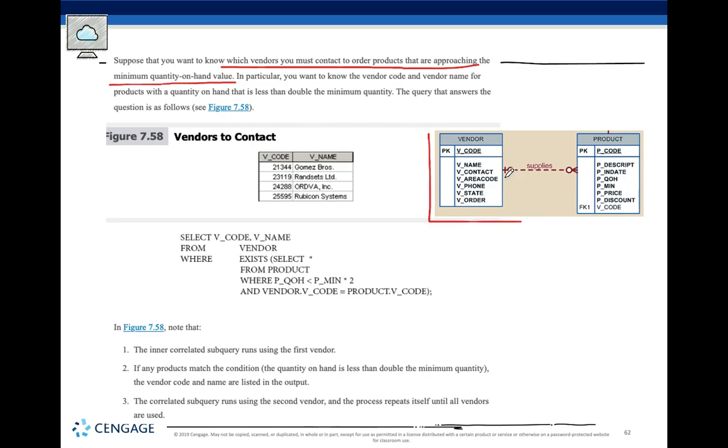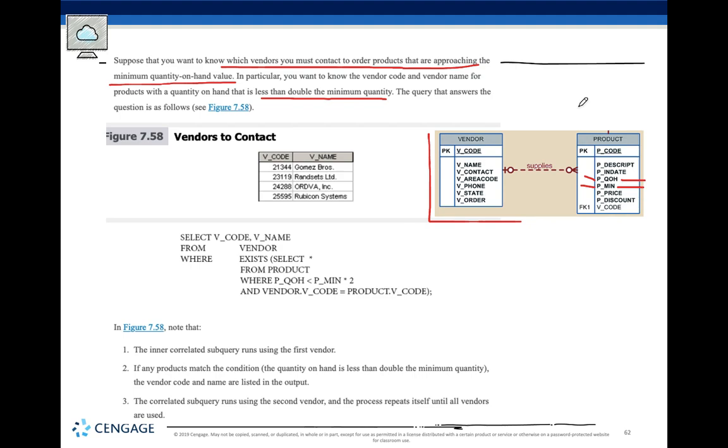We know that a vendor can supply many products. Each product has a quantity on hand attribute and also a minimum quantity attribute. So we want to know the vendor code and vendor name for products with a quantity on hand that is less than twice the minimum quantity.